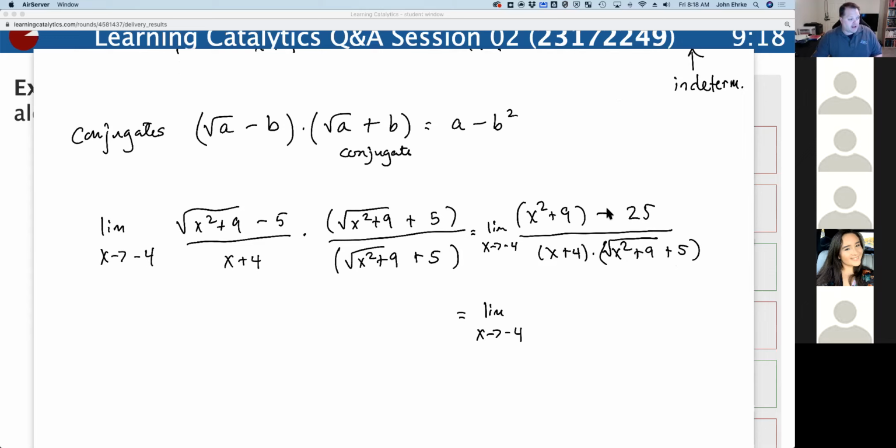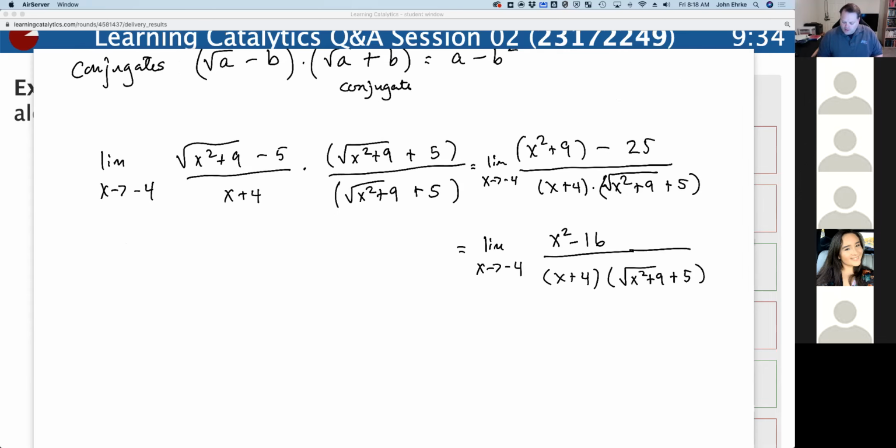You've got 9 minus 25 is negative 16, and then x squared minus 16 is a difference of squares, which factors into x plus 4, x minus 4. And so here is where you get your cancellation. x plus 4 cancels.